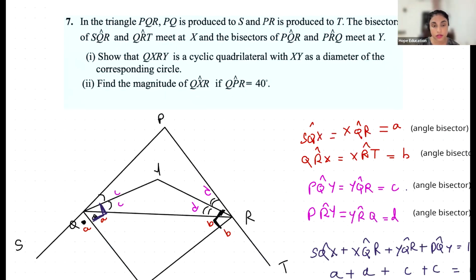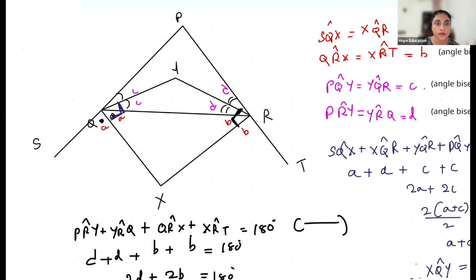XY as the diameter, I'm sorry. XY as the diameter. It's mathematically unknown. XY can mean a line. It's this line, no? XY can be a line.